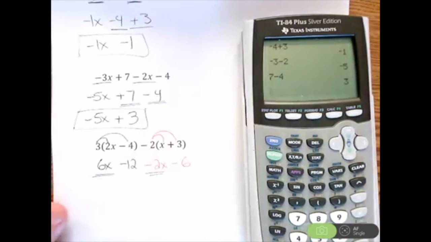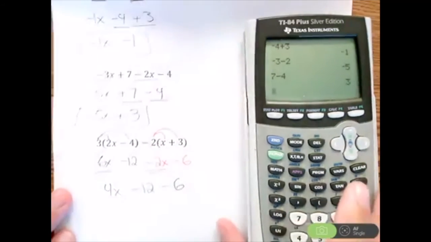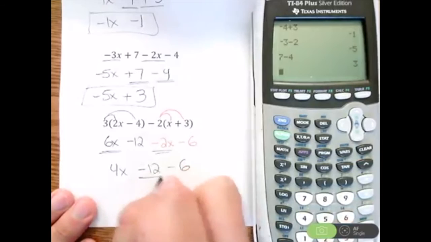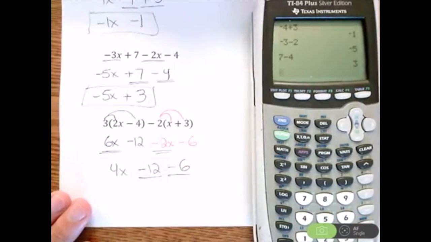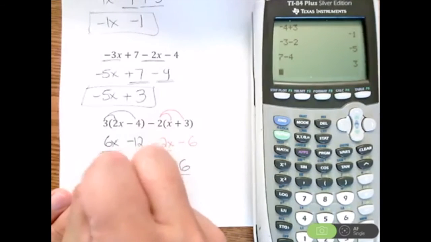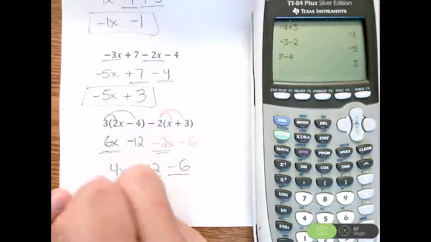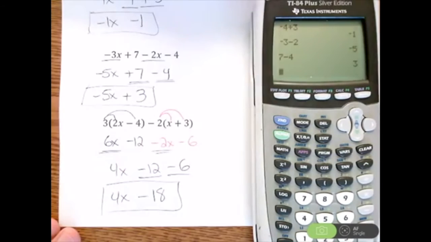I see a 6x, I see a -2x, 6 minus 2 is 4x. Still have a -12, still have a -6. Slow and steady, -12 minus 6 is -18. Still have that 4x. This has an x, that doesn't, so we can no longer combine any more terms.